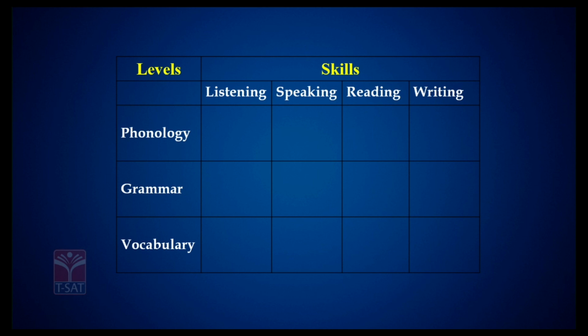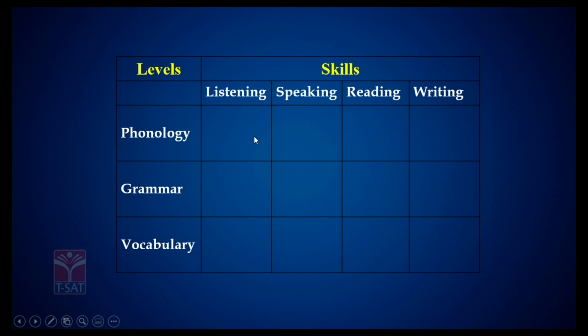Evaluation is done at various levels: phonology or the system of pronunciation, grammar or syntax, and even vocabulary. And if you look into the skills that are associated with evaluation, they are listening, speaking, reading and writing. And sometimes the level and the skill can be integrated.